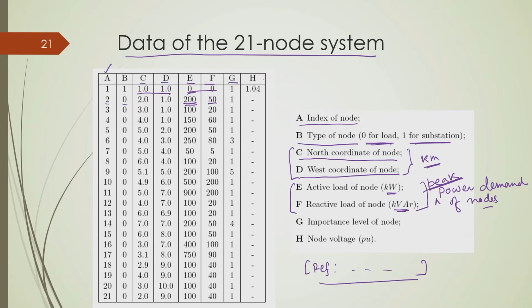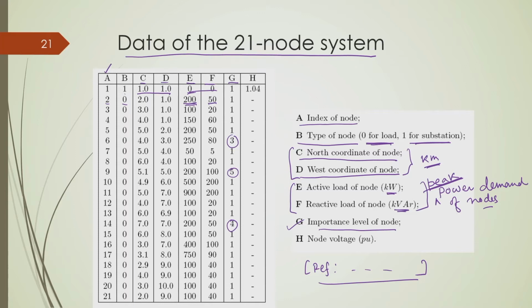And this column G is basically representing the importance level of the node. It is used to specify that some nodes are of different types, but you can assume that we will not consider this importance level at the moment.